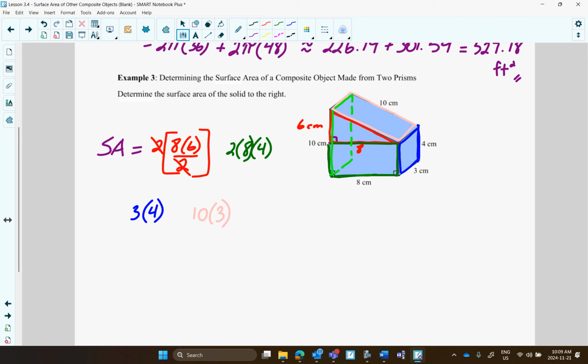Yep. And then I add all those together. Technically, since there's 2 10 by 3, even if it's not the same thing, can we just do 2? Yes, absolutely you can, if you recognize that those 2 are different.